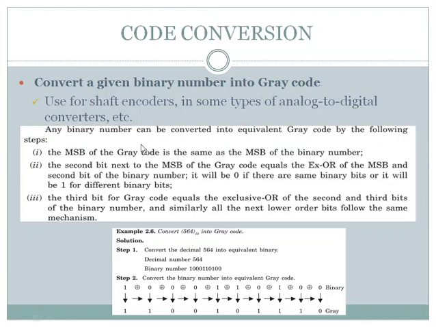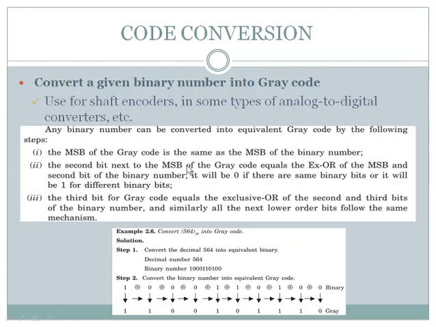The second bit, that is next to the MSB of the gray code, equals the XOR of the MSB and the second bit of the binary number.